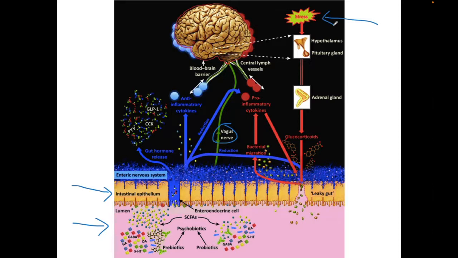Now, stress is a term in which the body has trouble differentiating between physical, emotional, and chemical stress and thermal stress. The body can't differentiate it. Stress is stress. The stress is going to signal the hypothalamus, which signals the pituitary, which signals the adrenal. When we did endocrinology, we referred to it as the HPA axis, the hypothalamic pituitary adrenal axis.